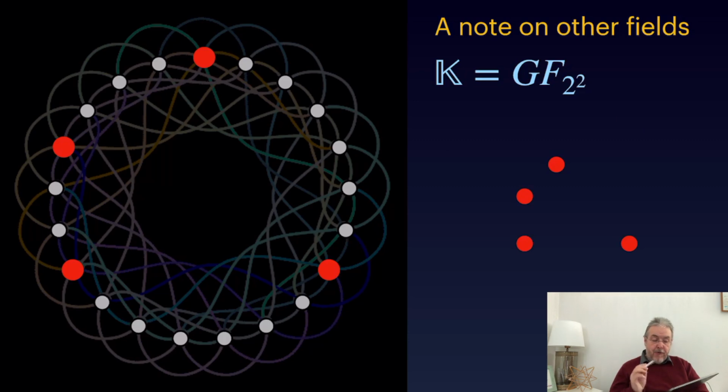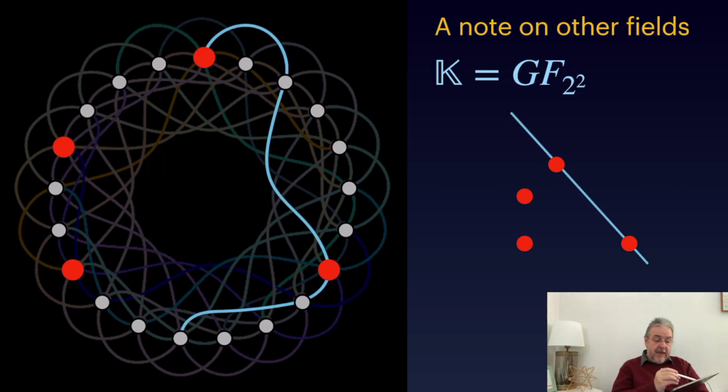I really chose 4 points. Now, any pair of those points has a connecting line. So for instance, take this point, and you see this here is the line connecting them, and on that line there are 3 more points. We'll come back to those points later.